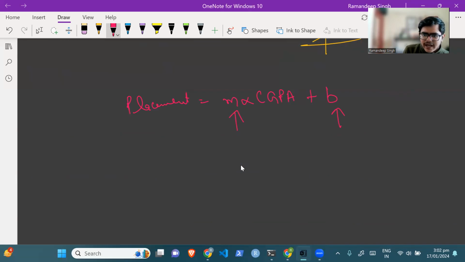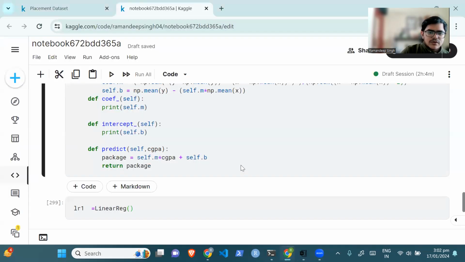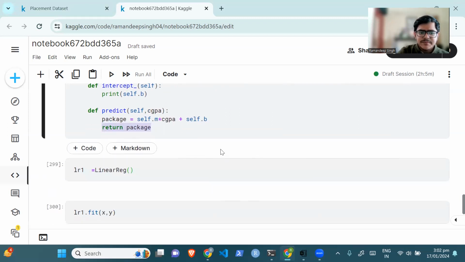So I have my m, I have my b, and whenever I give my model a new CGPA, suppose 8, it will have the m value and the b value, and based on that it will give me my placement or the package. Okay, so this is the code for that. Package equals m into CGPA plus my intercept, and it will give me the package which I could hope to get based on my CGPA.